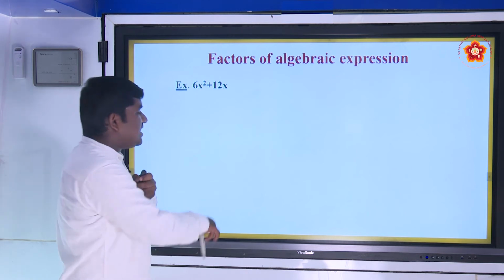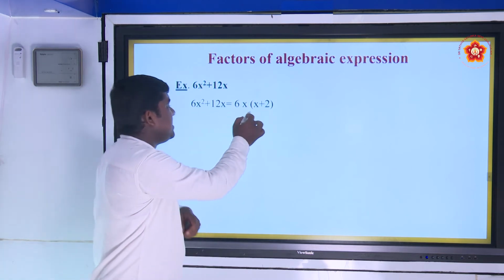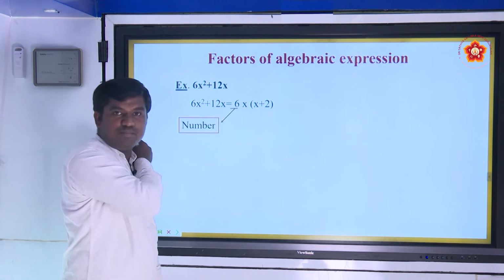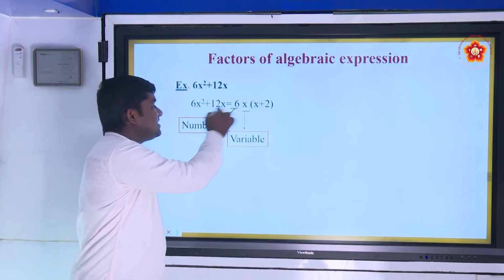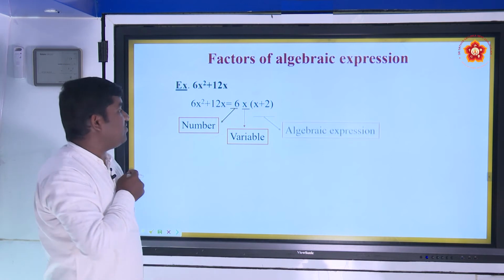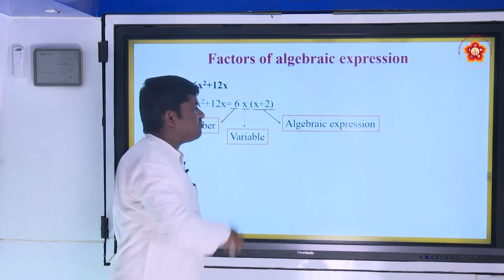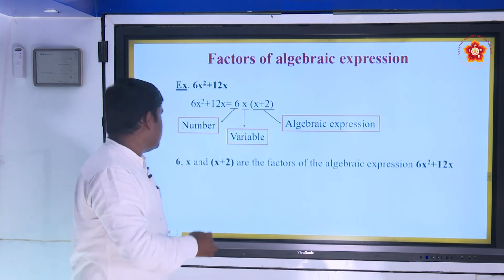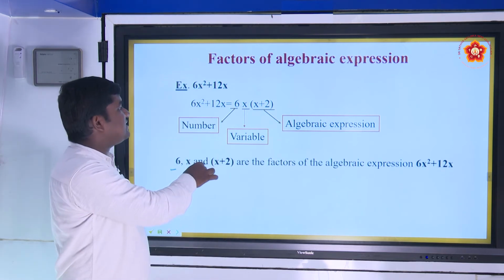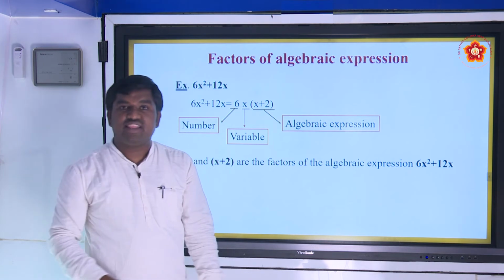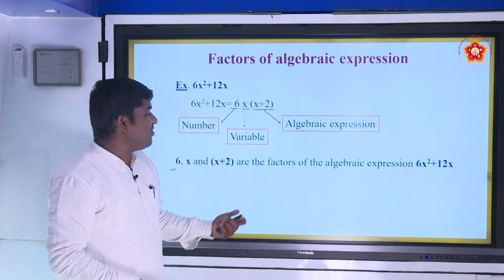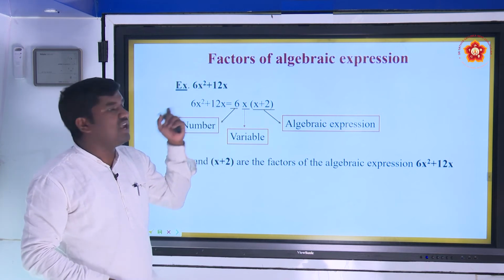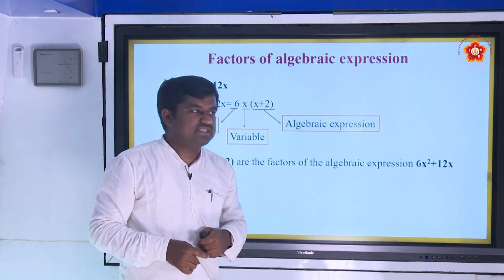Then what does it contain? See, 6x into x plus 2. Here 6 is a number, then x is a variable, then this x plus 2 is an algebraic expression. So 6x and x plus 2 are the factors of the algebraic expression 6x square plus 12x.